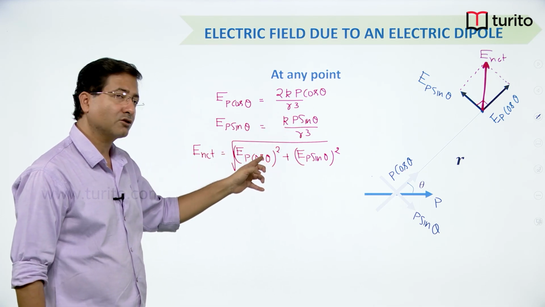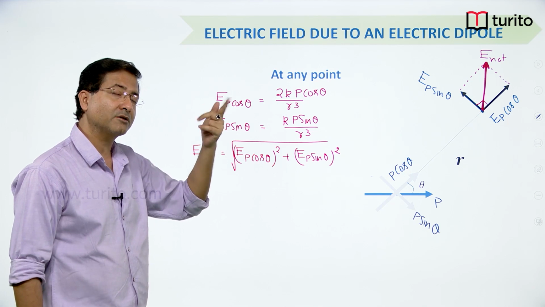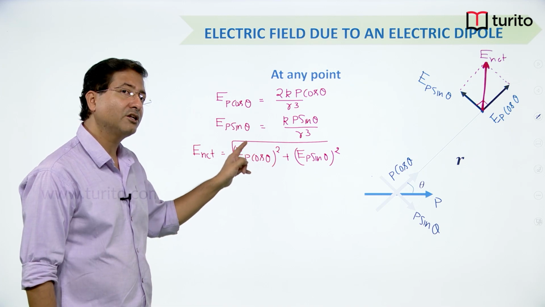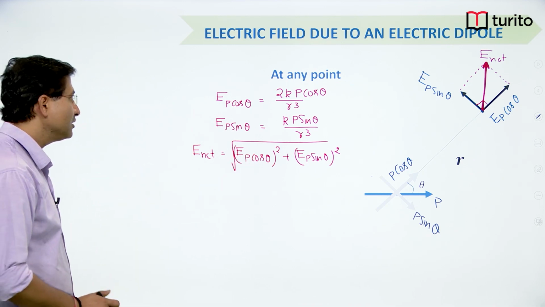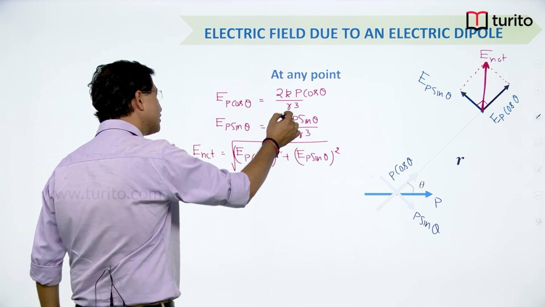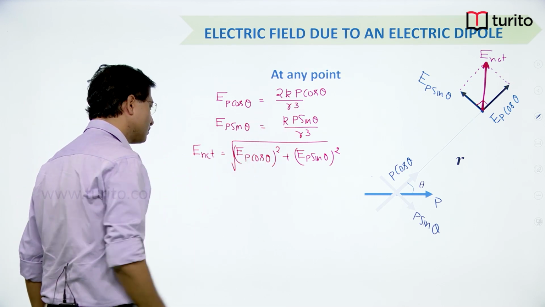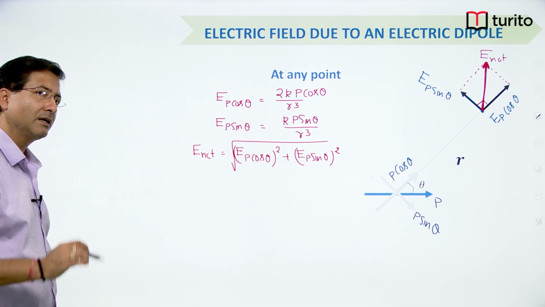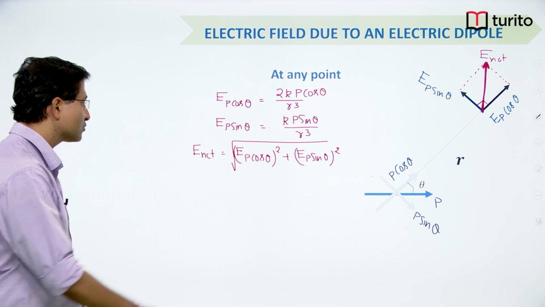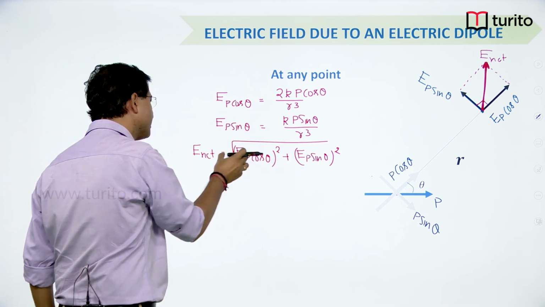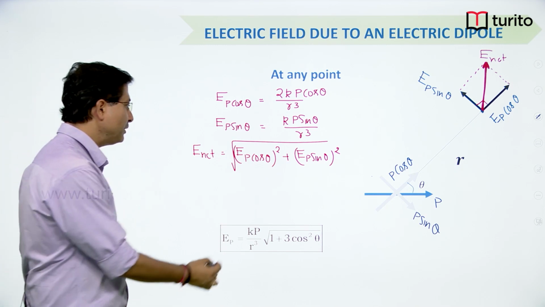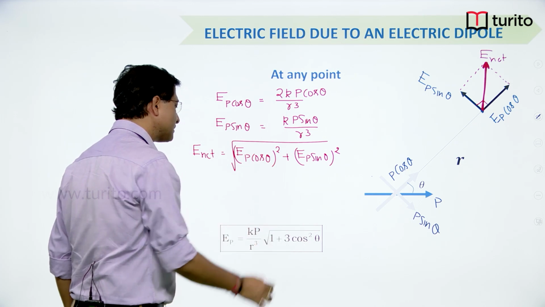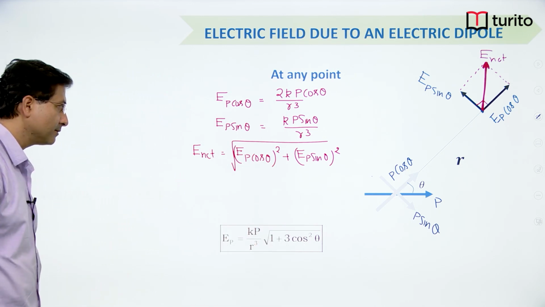Sin square theta plus cos square theta will be 1, and then instead of 4 cos square, there will be 3 cos square left inside. This common term, kP by r cube, we can take out. So outside you will get kP by r cube and inside you will get under root 3 cos square theta plus 1. So substitute this value here and this value here and simplify, then you will get kP by r cube, that is common, that I have taken out, inside under root 1 plus 3 cos square theta, right.